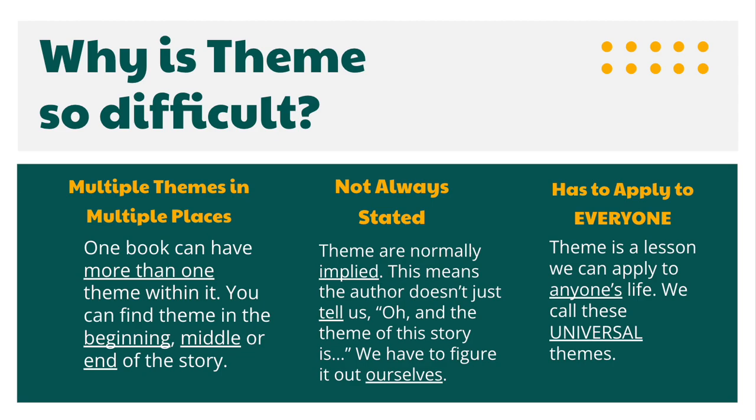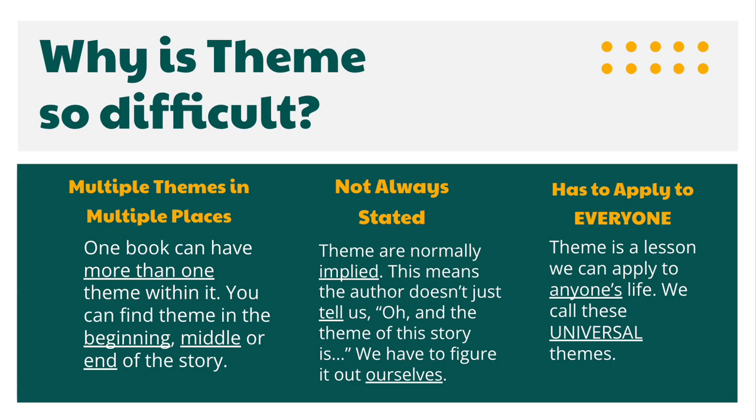And then finally, what we just talked about on the previous slide is that theme is difficult because it has to apply to everyone. So a theme is a lesson that anyone could apply to their own life. And we call these universal themes when it's something that can apply to any person. Meaning it could apply to you as a 5th grade student. It could apply to me as not a 5th grade student, as an adult, right? It could apply to a man.